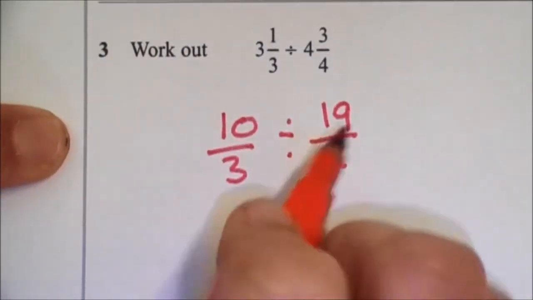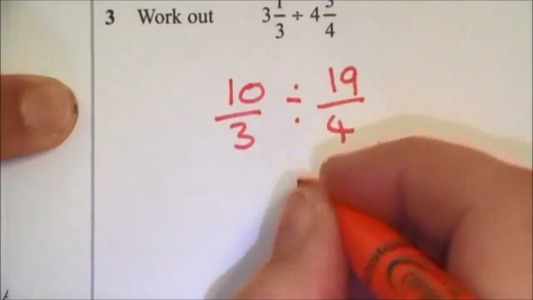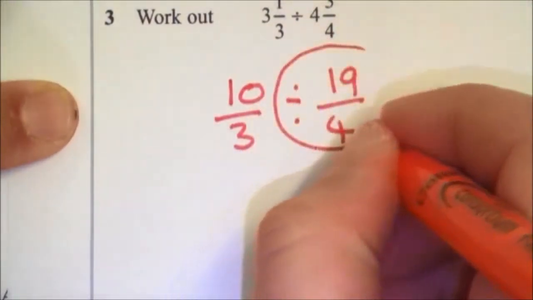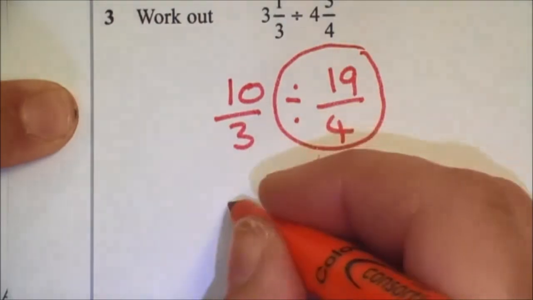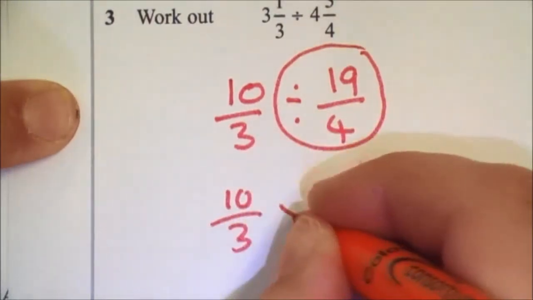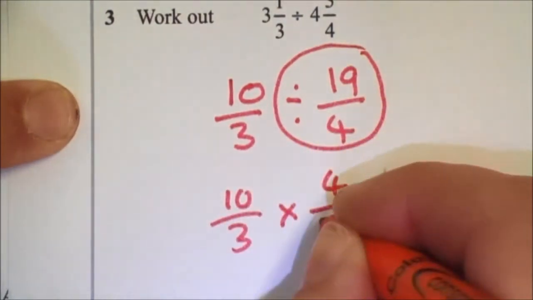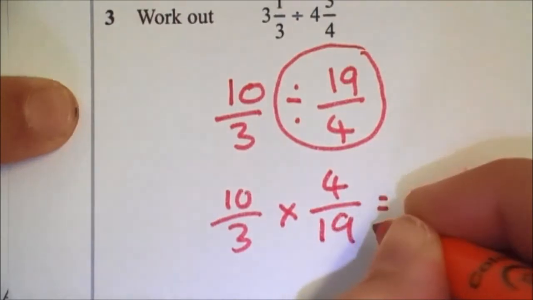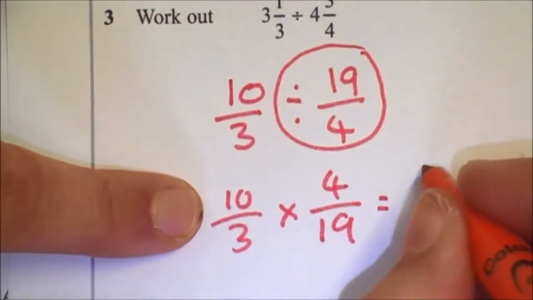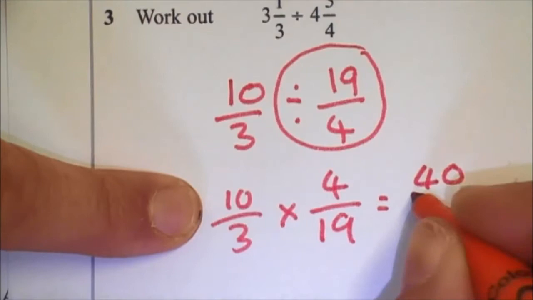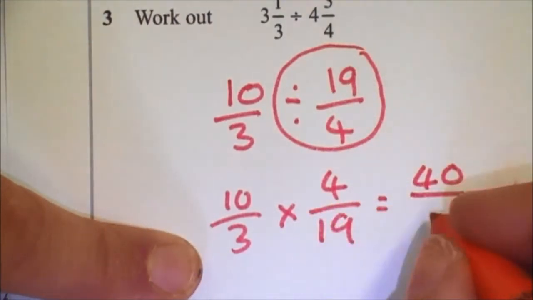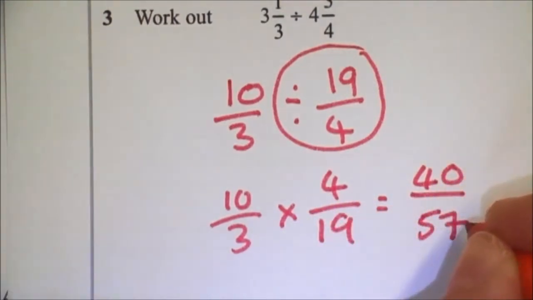I need to change it into a multiplication question by flipping the second fraction. So I end up with 10 over 3 times 4 over 19. And what that allows me to do is 10 times 4, which is 40, and then 3 times 19, which is 57.